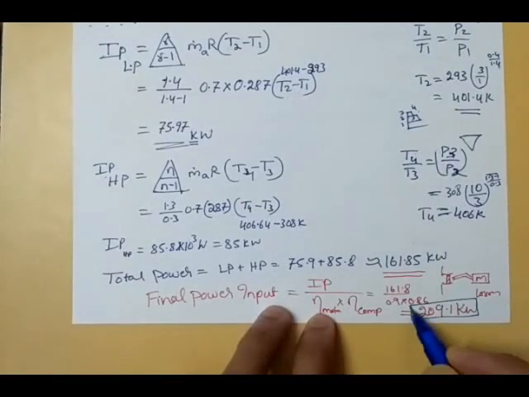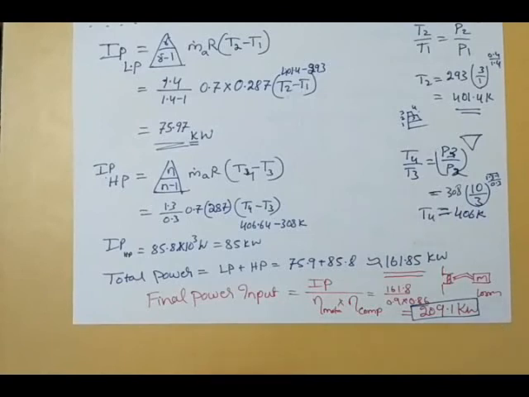So this is final answer for single stage, sorry, double stage or two stage double acting compressor without clearance. The problem is without clearance. So we'll get 209 kilowatt of power to be given as input.